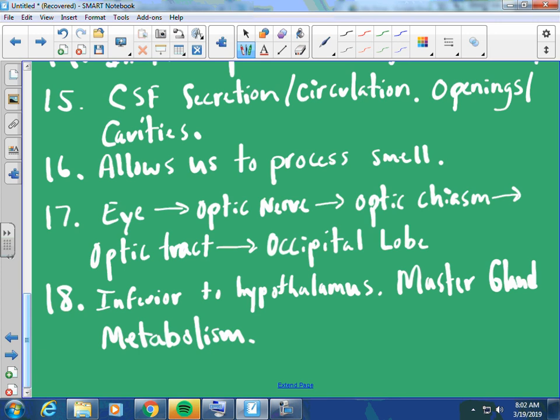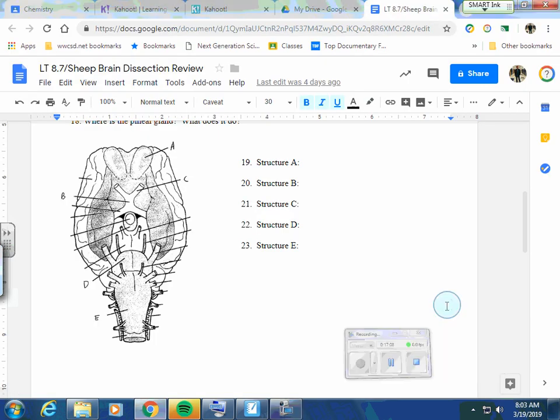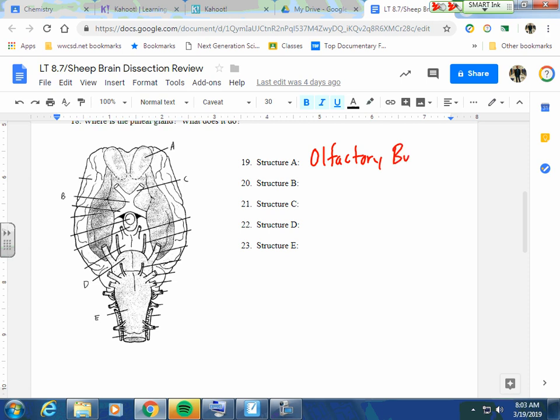So now I'm going to pause the video real quick, and I'm going to jump over to your actual review so I can just label those diagrams and be done. All right, here we are. So hopefully I can write on this. Structure A is going to be the olfactory bulb. B is going to be the optic chiasm.